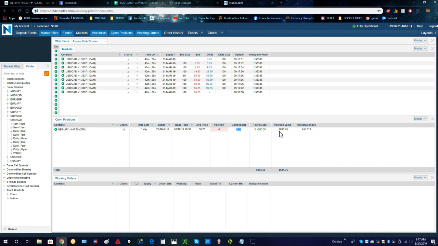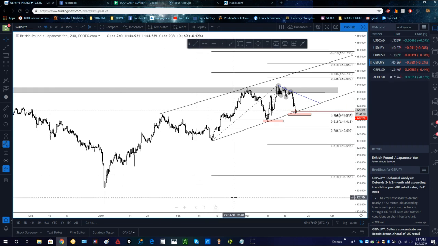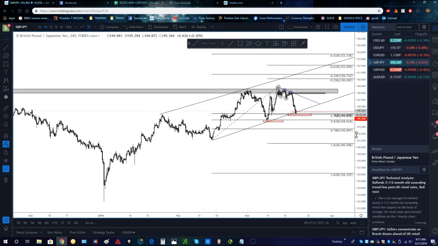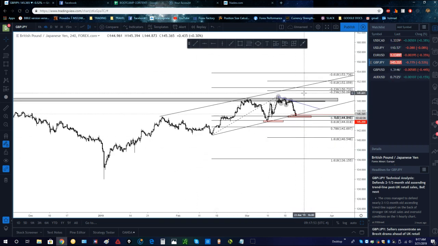Even if this did go to full expiration, the ones I've already closed out have more than enough taking care of this, even if it were to be a full loss. So that's not the case really for me. I'm not going to let it go to full loss if we do somehow get that rally out of these levels in the next 24 hours or so.